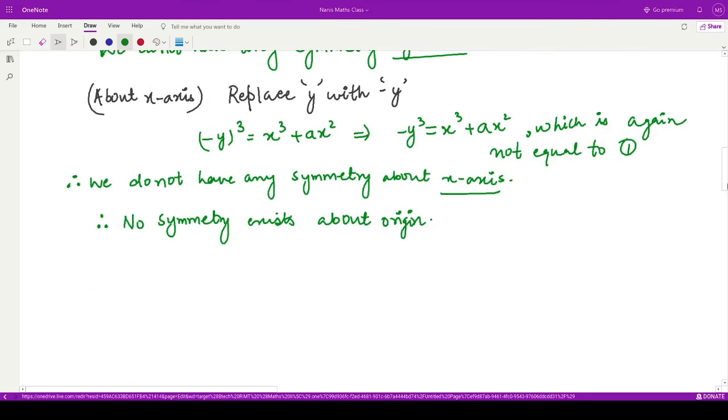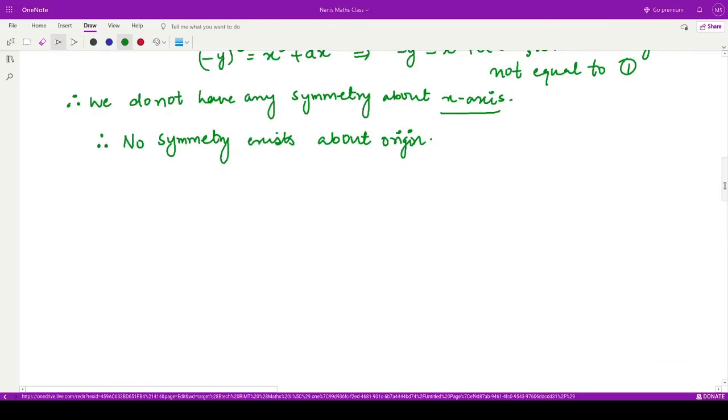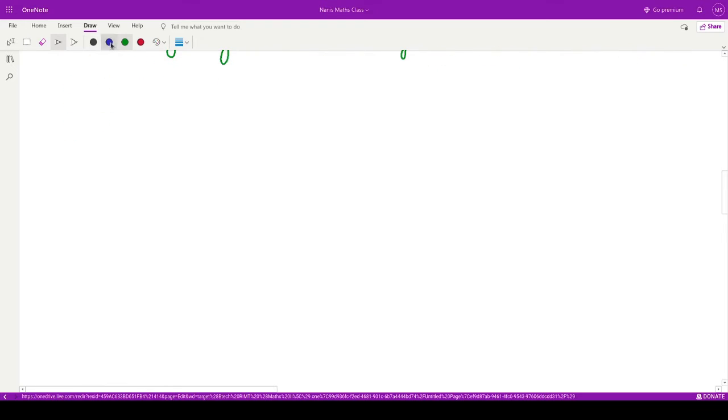So let us next see whether our curve passes through the origin or not. For that, we just check whether the point 0, 0 is satisfying this curve or not.